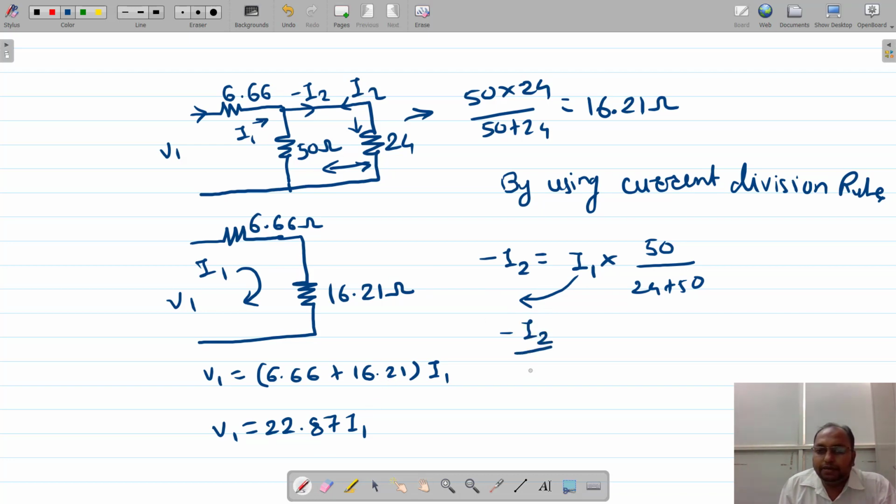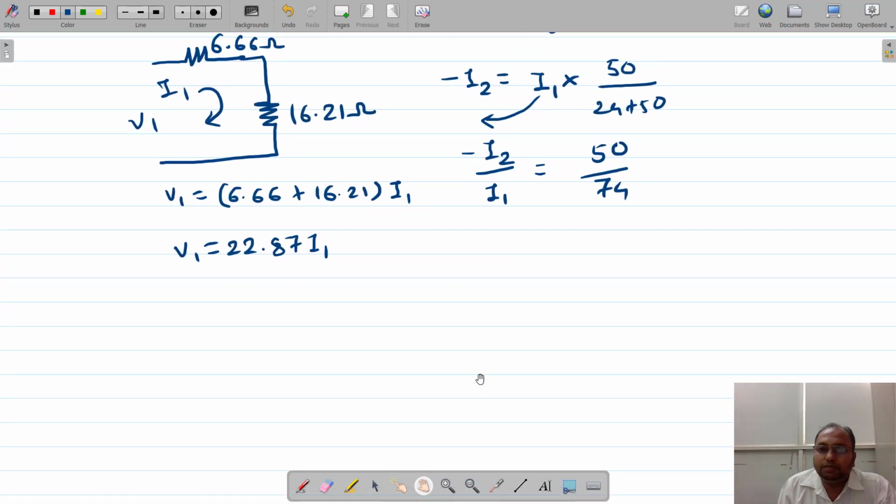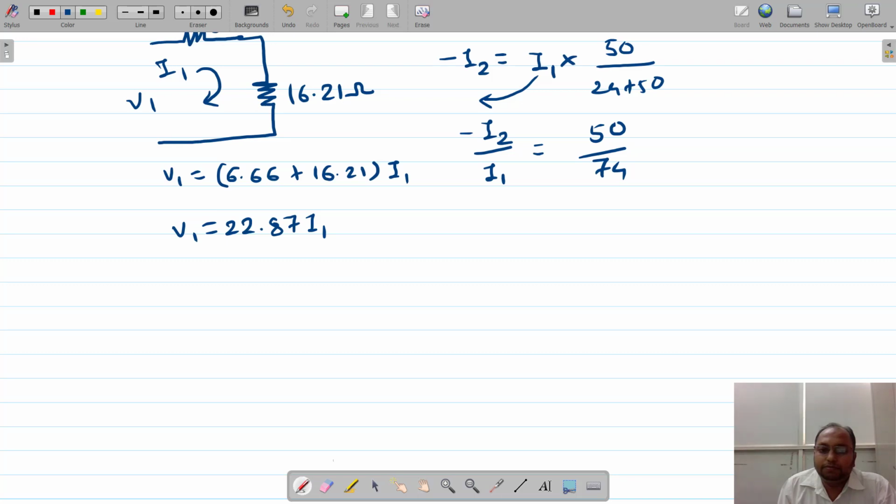I2 by I1 is equal to 50 by 74. Let us take the reciprocal of this, therefore minus of I1 by I2 is equal to 74 by 50.